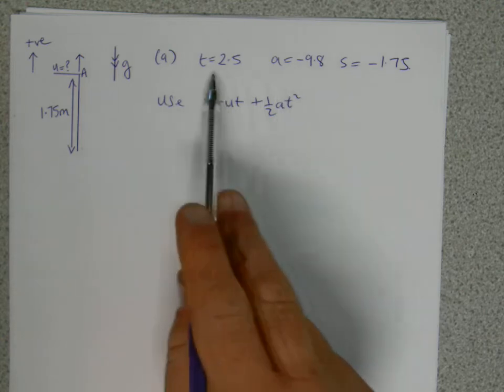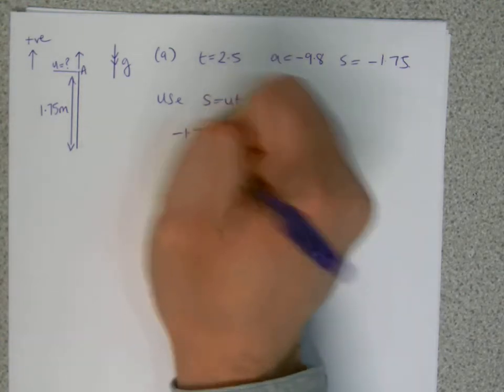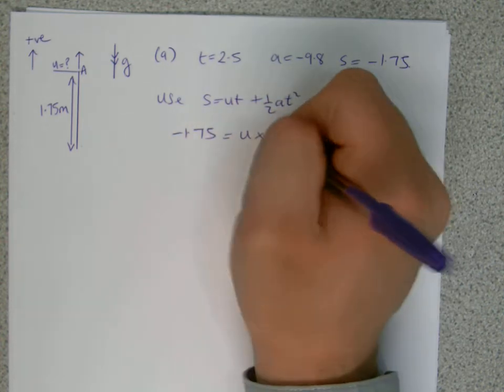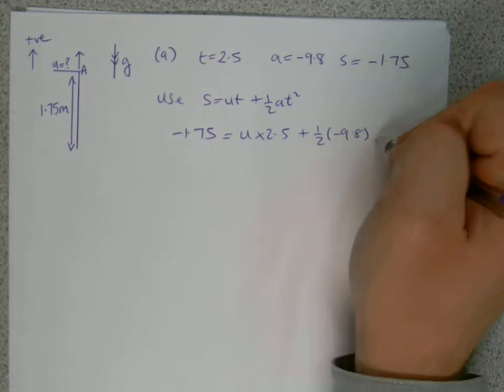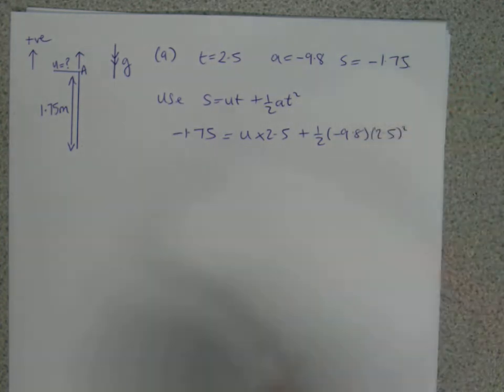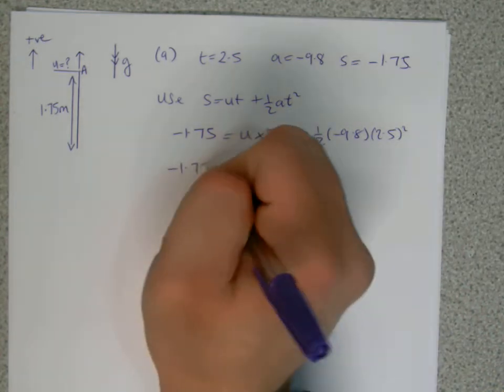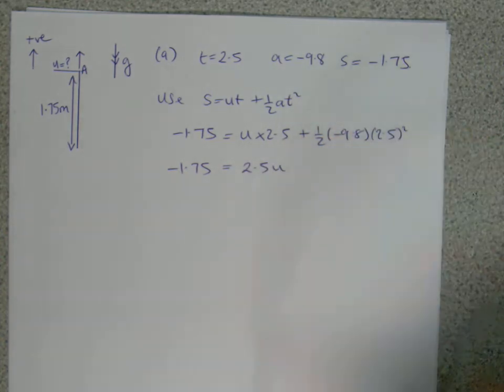we can then get the initial speed. So s is minus 1.75, equals initial speed times 2.5 plus half times minus 9.8 for acceleration times time, which is 2.5 squared. Then you work all that out. So we simplify this and work that out in a calculator.